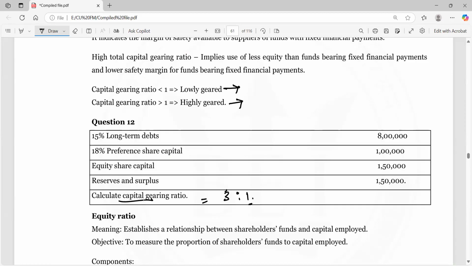For every 1 rupee of equity, the company has 3 rupee of funds bearing fixed financial charges. To put it simply, for every 1 rupee of equity, there is 3 rupee of debt and preference share capital. So this company is a highly levered company because capital gearing ratio is greater than 1. And why is it highly geared? Because the company is using more of debt and preference, less of equity. That's all. Clear? Any doubt in this?